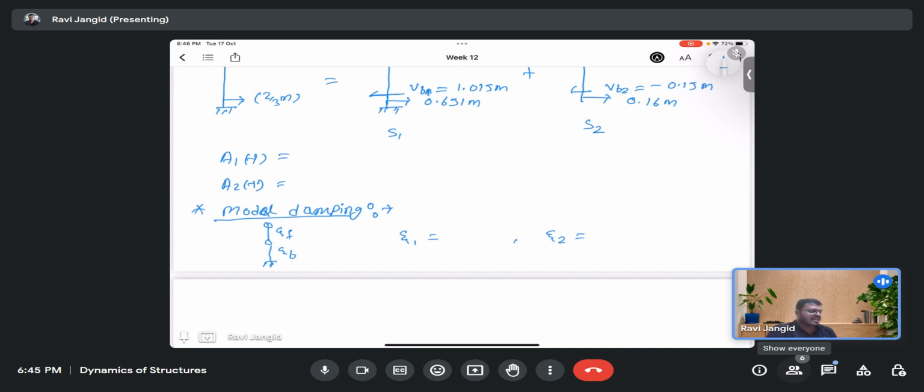I have ξ_b, because the damping of the base isolator is 10%, and ξ_f is 2%. So how do I calculate ξ1 and ξ2, if each story is given to you with a different damping? How do we calculate the modal damping?